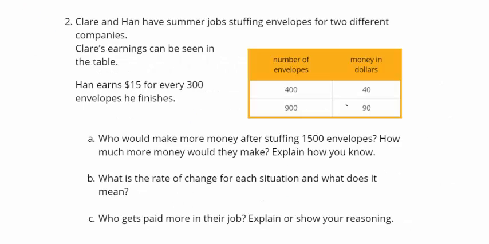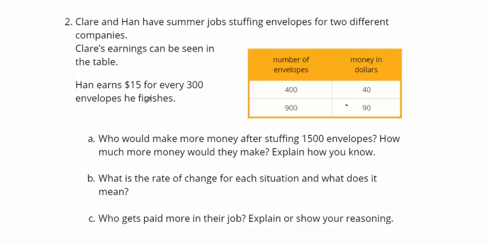All right, so let's do number 2. You can do number 2 on your own. Claire and Han have summer jobs stuffing envelopes for 2 different companies. Claire's earnings can be seen in the table. And Han earns $15 for every 300 envelopes he finishes.